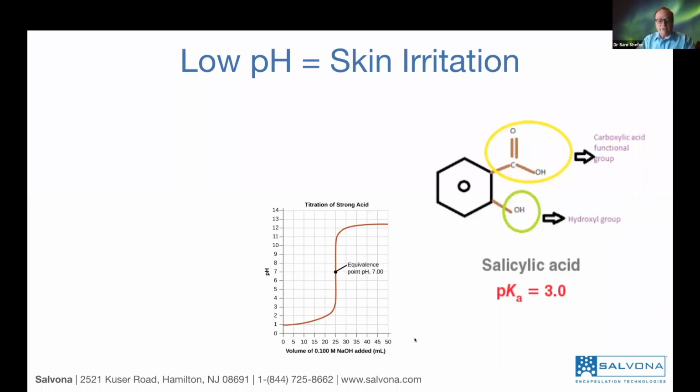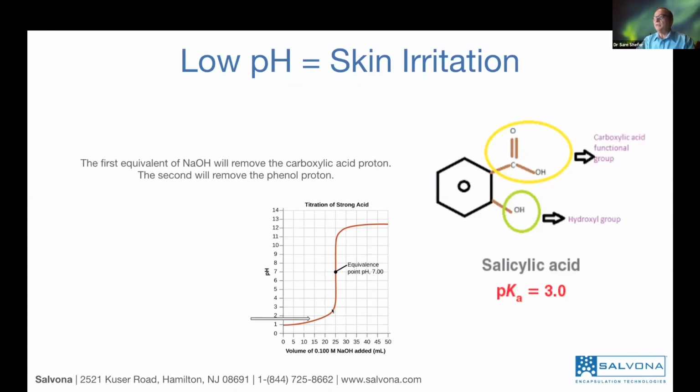The major attempt that people are making is titrating the salicylic acid, possibly with NaOH. This is a titration curve. This is the amount of NaOH added and the pH change. Typically, as you add more and more NaOH, you change the pH, and it goes up to the point where it just jumps up. The point where the arrow is, this is the pKa of salicylic acid, which is about 3.